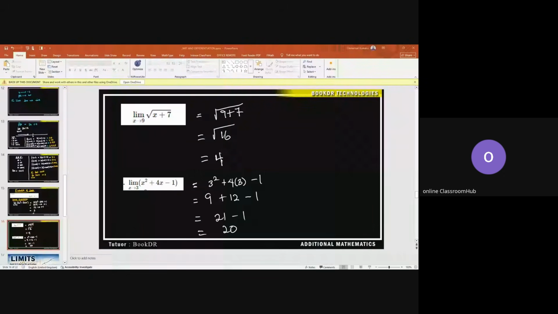So when the function is given, we just input the limit value into the function and evaluate. That is the basic form of finding limits. There are certain situations when a direct substitution won't work. Then it will take you to the next level of computation that I will teach you tomorrow. Okay?